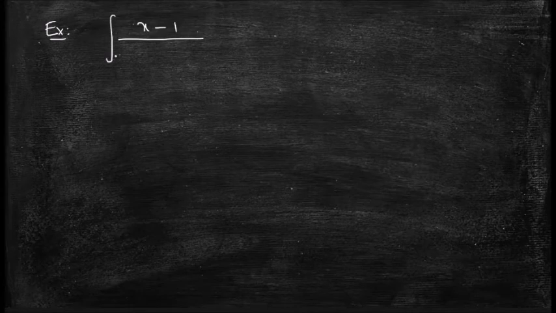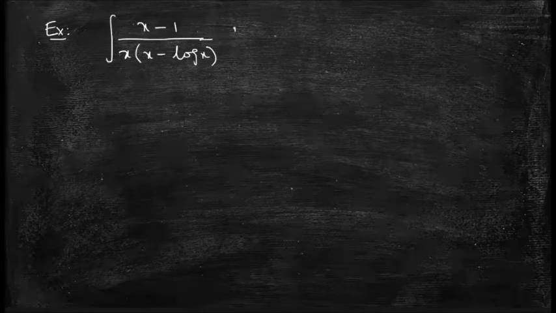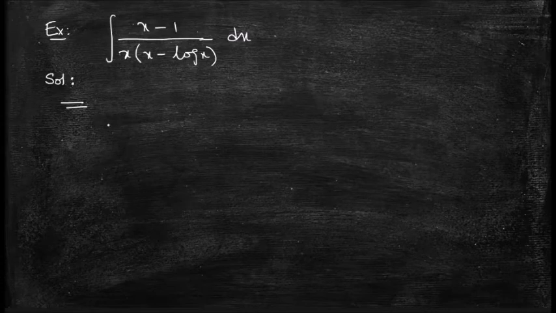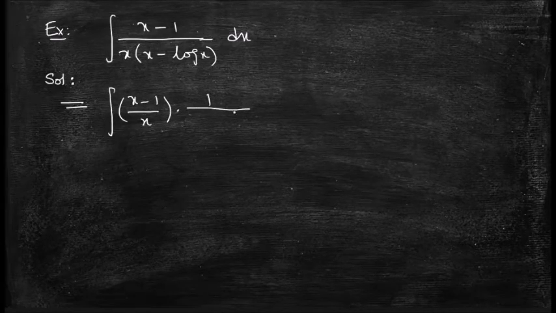Integration of (x minus 1) by x times (x minus log x) dx. The problem I am making it in a structure desired for me. Integration of (x minus 1) by x into 1 by (x minus log x).